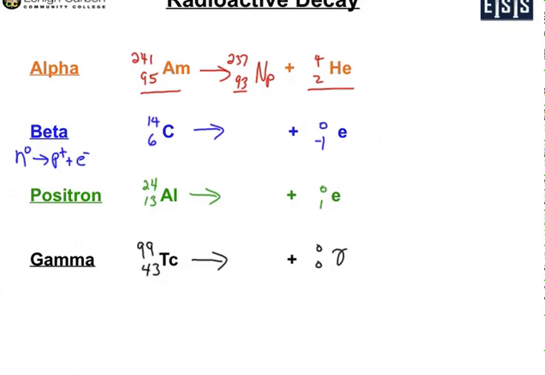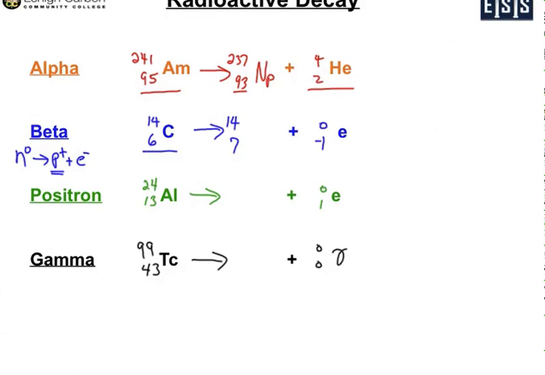So when we look here at carbon-14, a very common radioactive material you heard about in carbon-14 dating, what's going to happen is the 6 here, the number of protons, is going to go up because we've added a proton. So now you're going to have 7 protons. The mass number, though, 14, is going to stay the same.